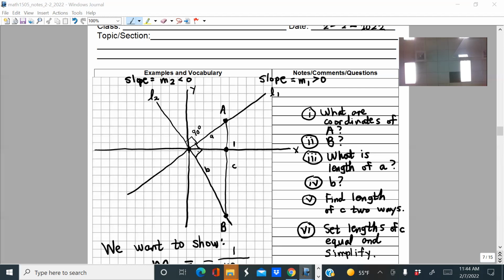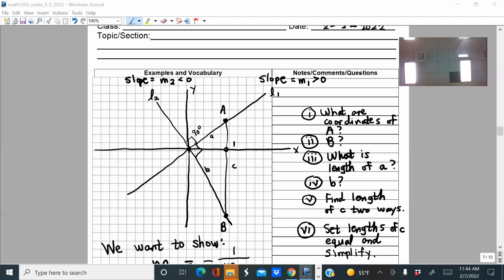I'm going to label the sides here, just like we would in the Pythagorean theorem. I'm going to call this side A, this side B, and this long side that corresponds to the vertical line, I'm going to call that C. That's that long side right there. And remember, that line goes through 1 on the x-axis.